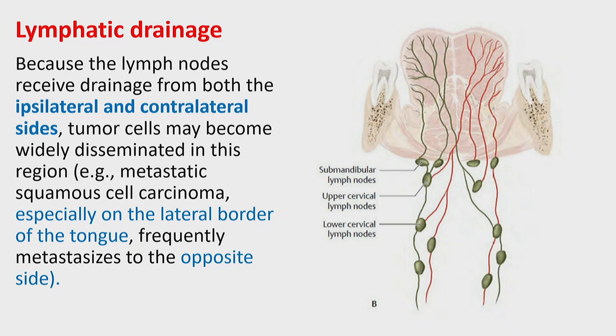And that's why, for example, squamous cell carcinoma, one of the most common cancers in the tongue, usually goes from the right side to the left lymph node, or from the left it goes to the right lymph node. So it's going to the opposite side. It means the contralateral part, not ipsilateral part.